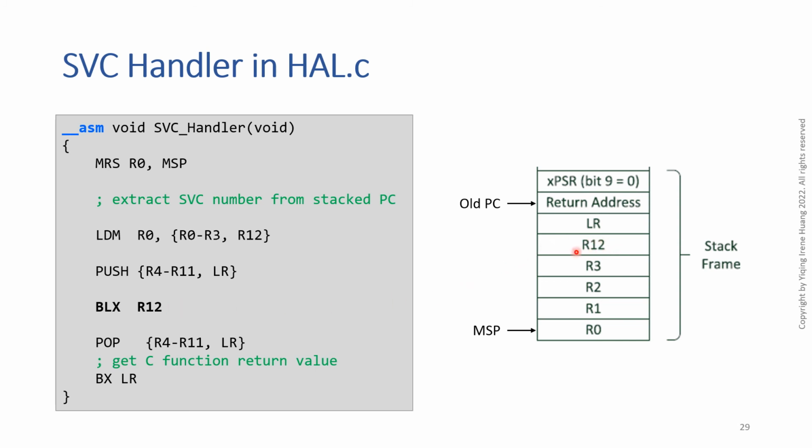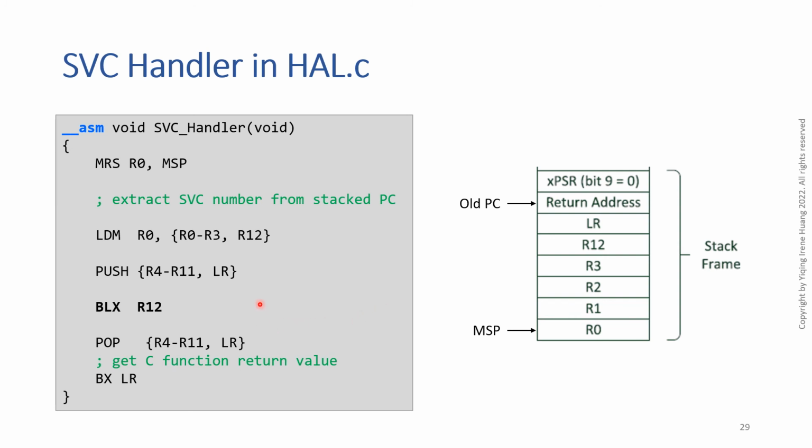And R12 is right here, right? But imagine if I put a kernel function's entry point into R12 before I enter the SVC handler, then this will allow us to directly branch to that particular function's entry point.